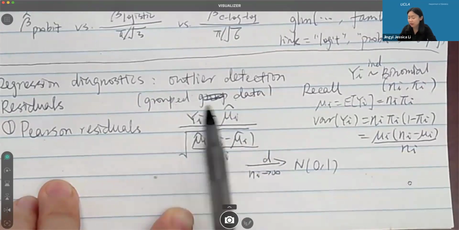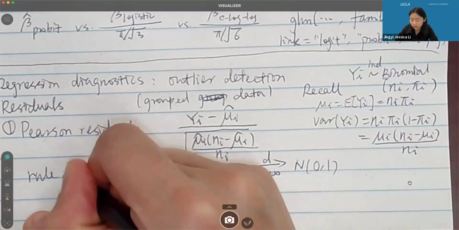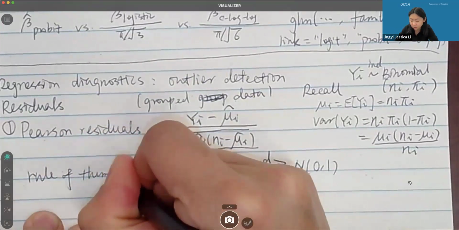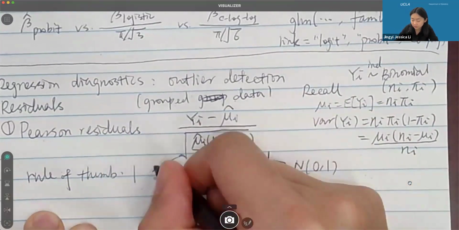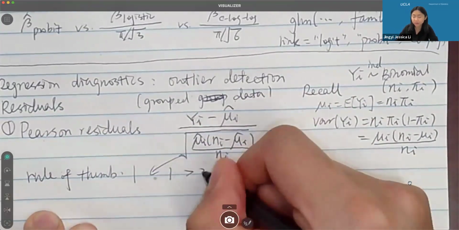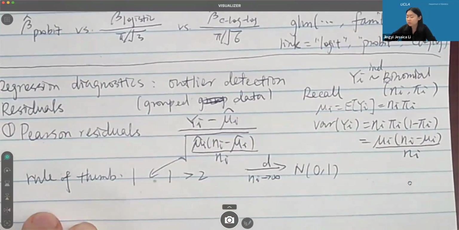So the rule of thumb here, which is something we also use for linear regression diagnostics, is whether this has absolute value greater than 2. When that happens, we think the Pearson residual is probably too big, and this point is worth checking.